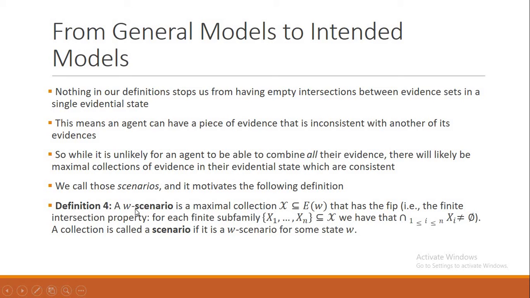So a W scenario, W is a world. A W scenario is a maximal collection X, a subset of the evidential state. So X will just be a set of sets of worlds that has the FIP property, which is the finite intersection property, which just says that for each finite subfamily, as stated, X is a set of sets of worlds. X is a family of such sets.